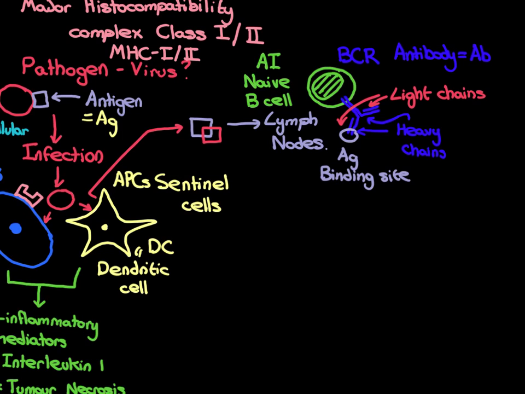How does it get help from an effector CD4 positive T cell? Well, in order to get help, it has to prove to an effector CD4 positive T cell that they are on the same side, they are fighting against the same antigen. It has to prove that the epitope that it's directed against is part of an antigen that the CD4 positive T cell is directed against a peptide fragment of.